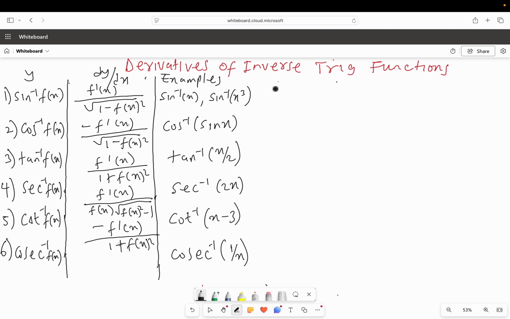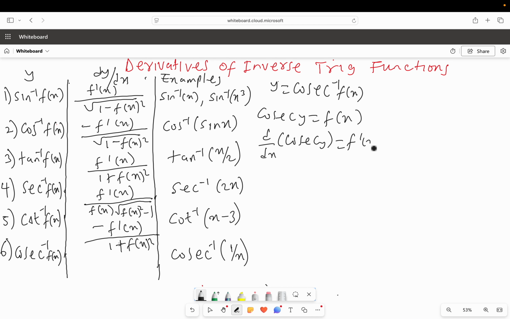For the last function, I have y is cosec inverse of f of x. So if I take the cosec of both sides, I will have cosec y is just f of x. So if I take the derivative of both sides with respect to x, I will have d by dx of cosec y is just f prime of x.